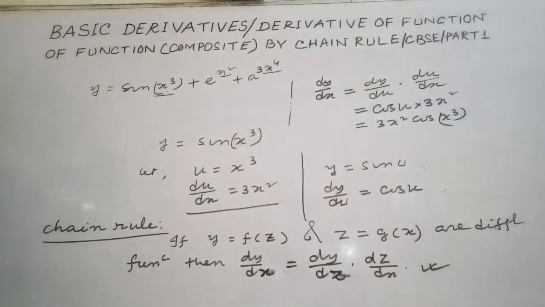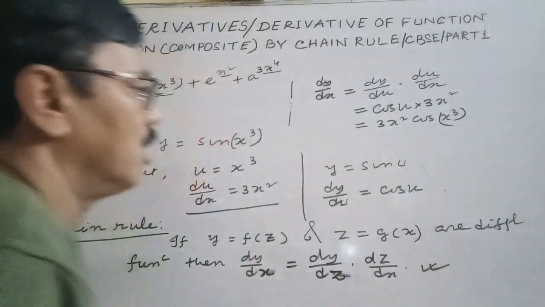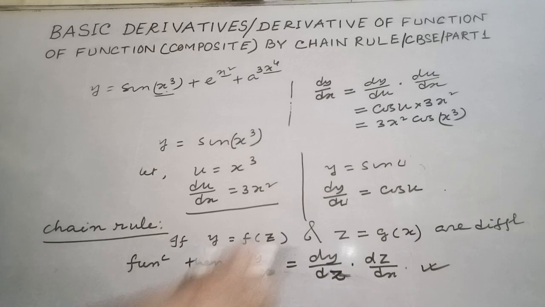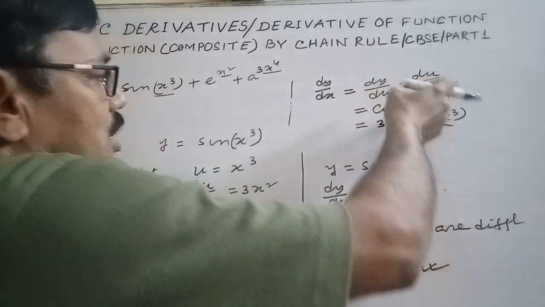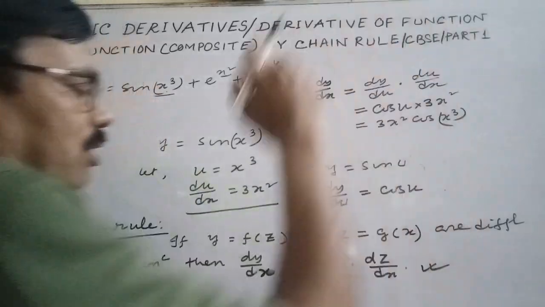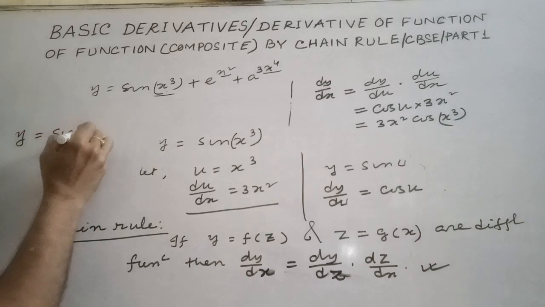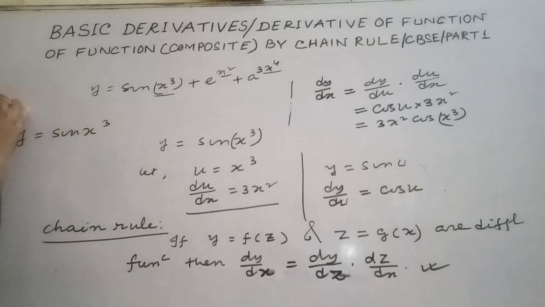That is why we always find the derivative by the shortcut rule. The shortcut rule is actually the chain rule omitting one step. So what is the shortcut rule for this one? Suppose y equals sine x cube.